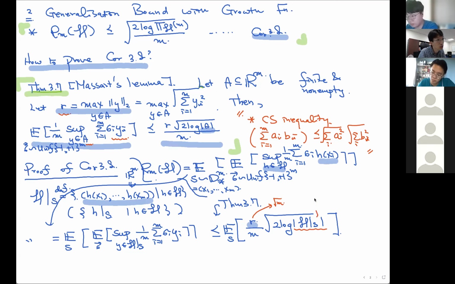So this quantity is bounded by the growth function of m, because the growth function is really the maximum. Okay? So now we replace these two into the formula.